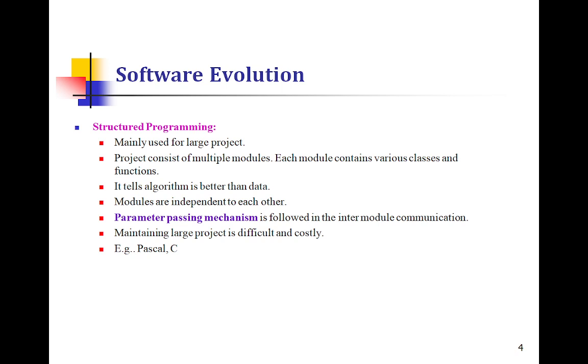So we divide the project into a number of modules with respect to the objective or task. For each module we create a number of classes and functions, and then complete our project. It tells us that the algorithm is better than the data, and the modules are independent of each other. Modules in a project may be dependent on or independent of each other.